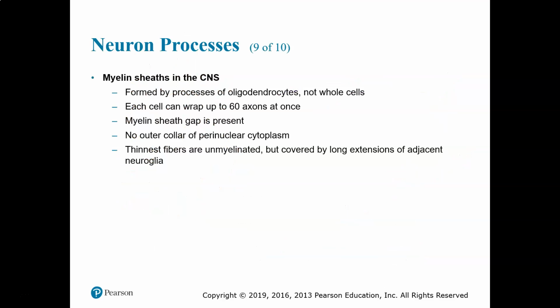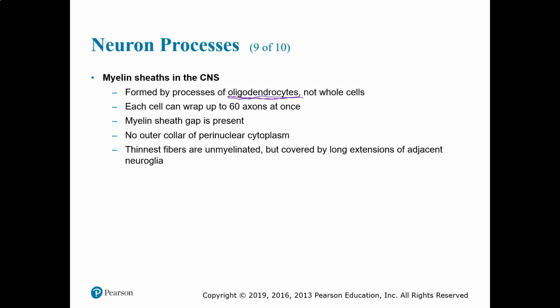Okay. In the central nervous system, the myelin sheaths are formed by oligodendrocytes. Now, the whole cell is used in the peripheral nervous system. The entire Schwann cell forms the myelin sheath, but the oligodendrocytes just wrap around the axon.